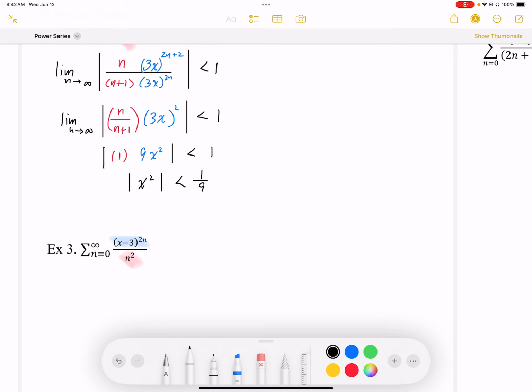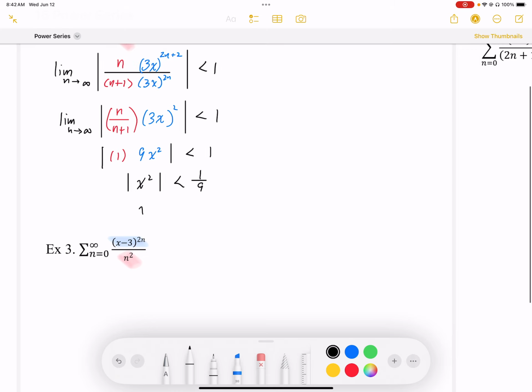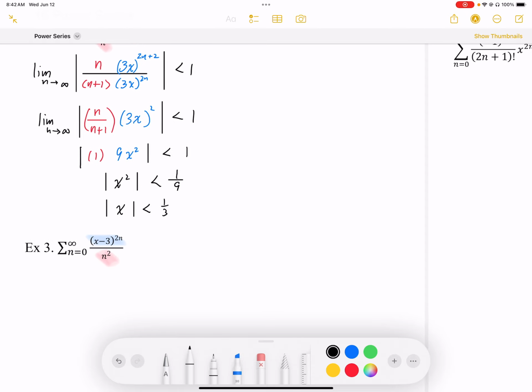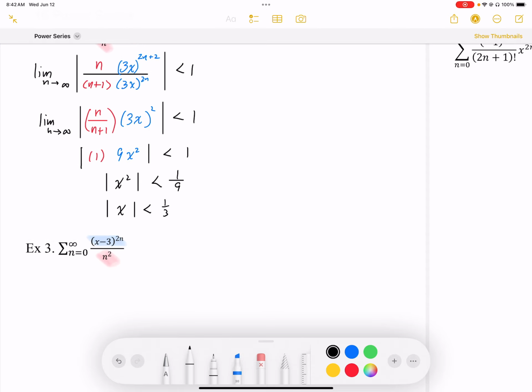And then solving for x, we're going to square root both sides here. And I get x is less than or equal to 1 over 3. And so my radius of convergence is going to be 1/3.